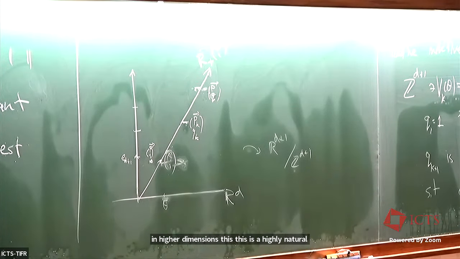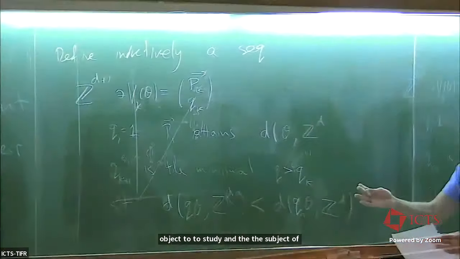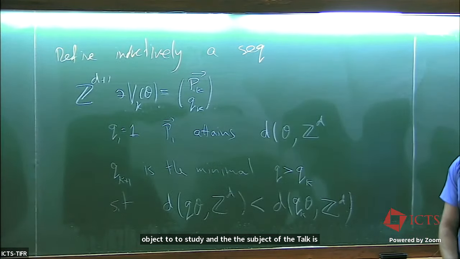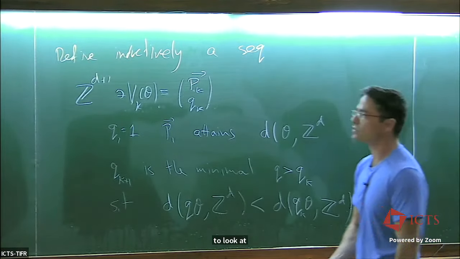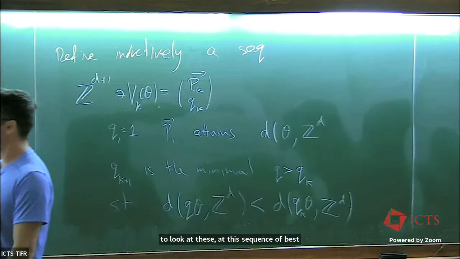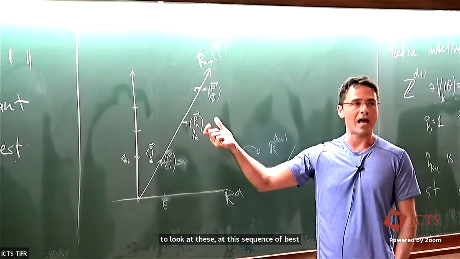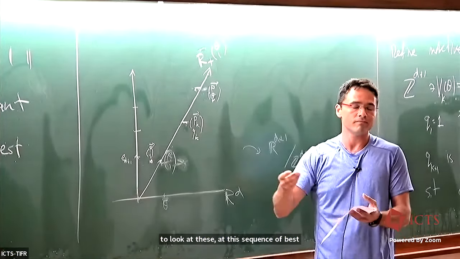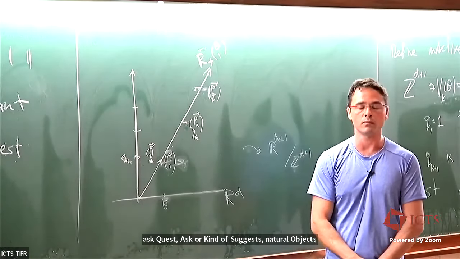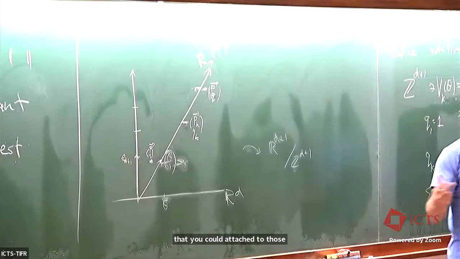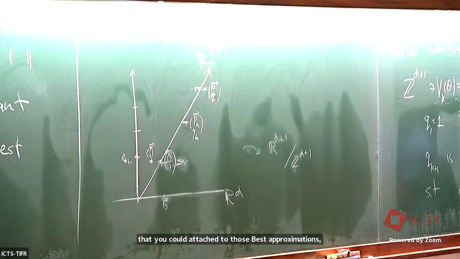And the subject of the talk is to look at this sequence of best approximations for a direction theta, and first of all suggest natural objects that you could attach to those best approximations. What features do they have? What questions can you ask about them?